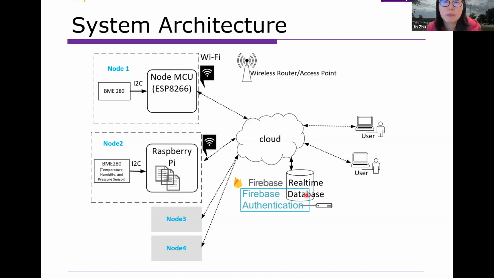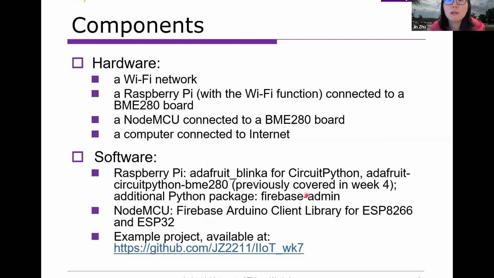The hardware is pretty much the same as last week. For the software, there are two parts of implementation. One is for the Raspberry Pi. On the Raspberry Pi, we don't use Mosquitto anymore, but we're going to use Firebase Admin, an additional Python package that needs to be installed.